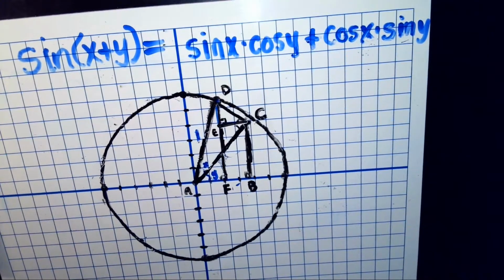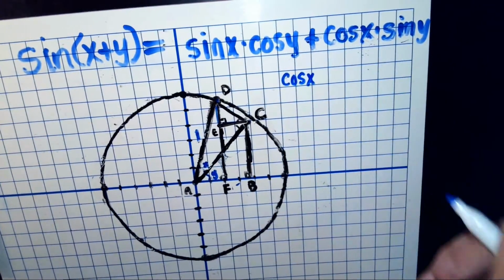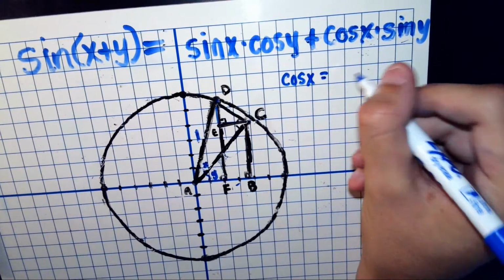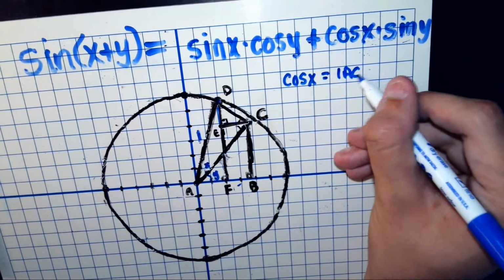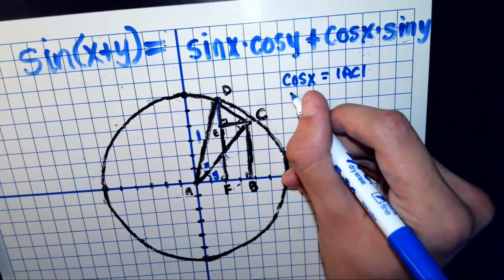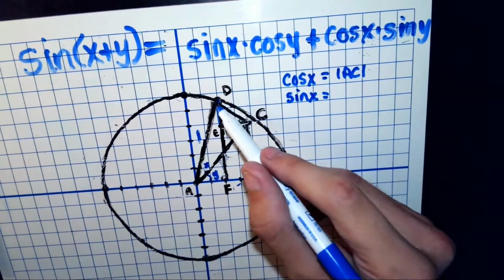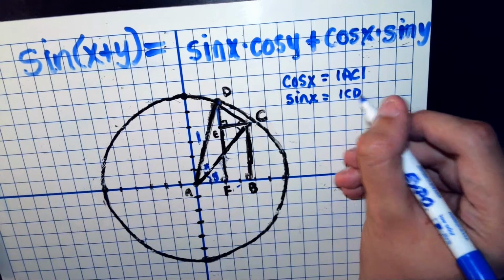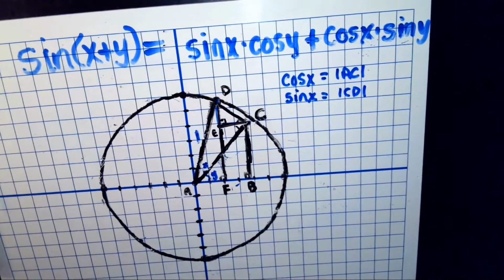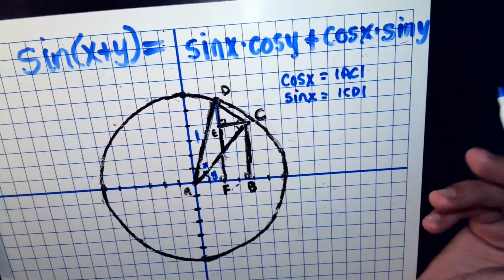Next, note that the cosine of x is adjacent over hypotenuse, so it's the length AC over 1, or just the length AC. And the sine of x is opposite over hypotenuse, so the opposite is the length CD, and the hypotenuse is 1.